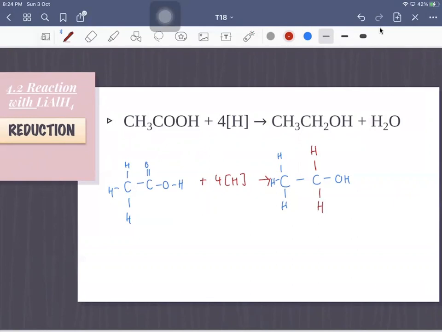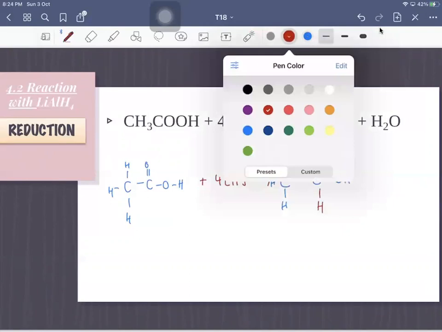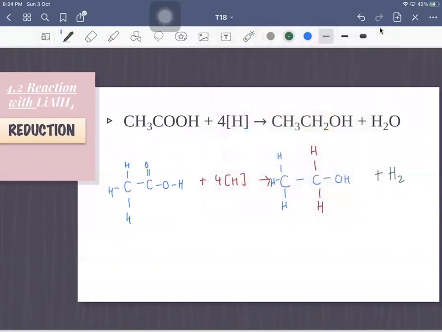The mechanism is actually much more complicated than that, but you don't have to worry. You're adding 2 hydrogens onto form the alcohol, and the other 2 hydrogens are for the formation of water. Again, you don't have to worry about how that works. Just make sure that you always balance any reduction or oxidation equation. Well, any equation, really.